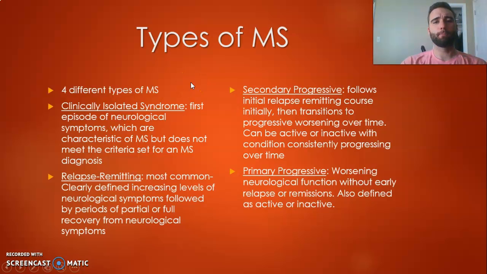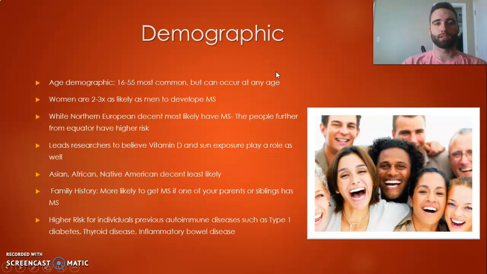And then we have primary progressive, which means that there's going to be no initial relapse remitting. It's just going to be a slow progression of signs and symptoms over time. It's either going to be active or inactive, so it might taper off at points, but the idea is that over time it's going to continue to get worse.